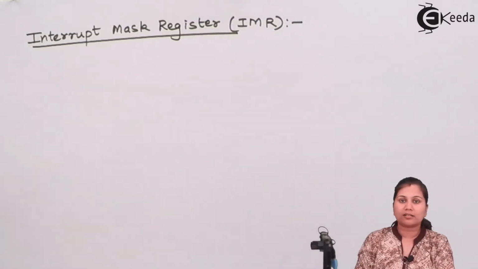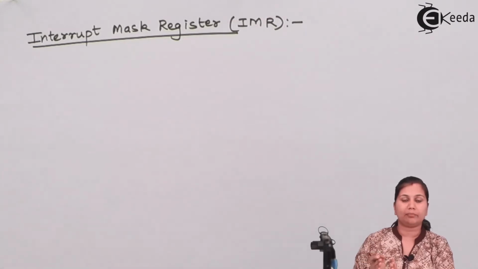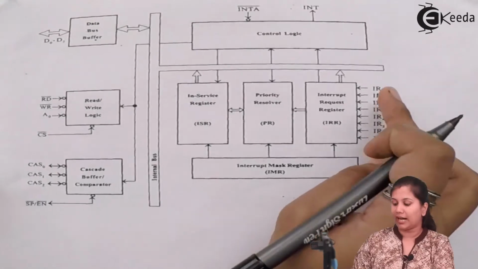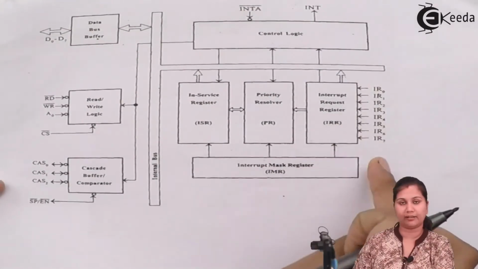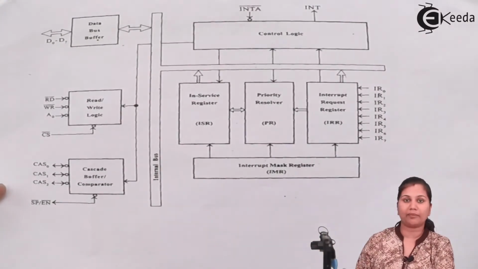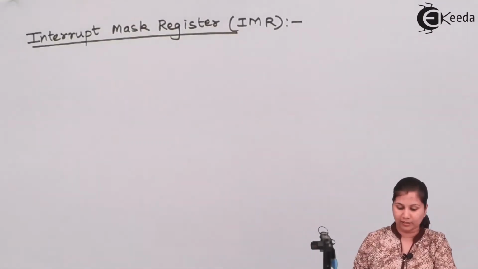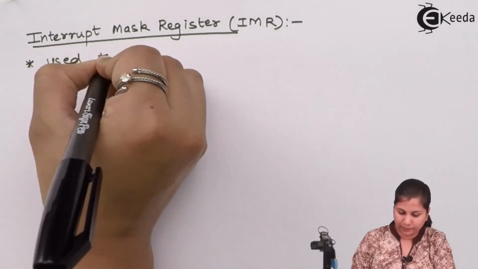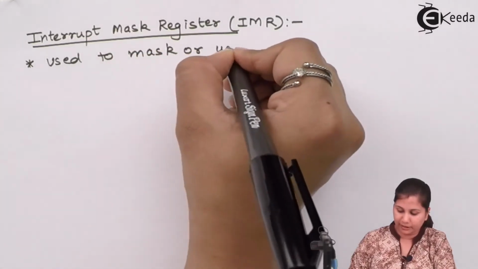Now this is also an 8-bit register, so 8 bits are assigned for the 8 interrupts, IR0 to IR7, and whichever bit is set to 1 means that that interrupt request has been masked. So this register is used to mask or unmask the interrupts.